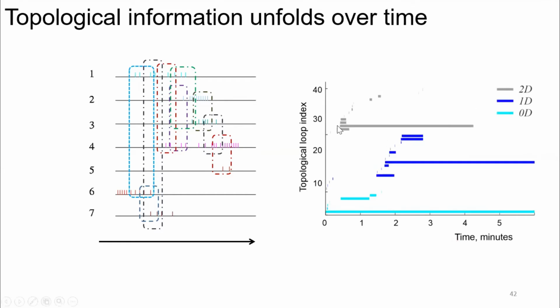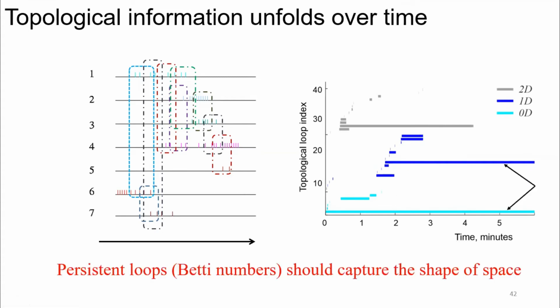I'm going to compute loops, and I'm going to see which loops are persistent. Like in this case, these two loops, right? So if I look at this, by the way, it's one loop, and different colors correspond to different dimensions in this case. So nothing in 2D, one one-dimensional loop, and one zero-dimensional loop, so it's a topological circle.